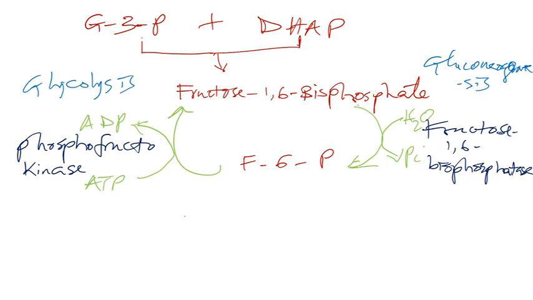From here, the next step is to convert the fructose 6-phosphate to glucose 6-phosphate. If you remember, in glycolysis this reaction is just an isomerization reaction, and it's a reversible reaction.